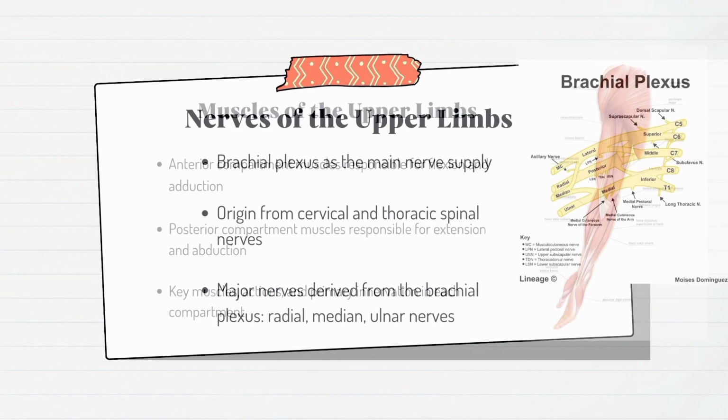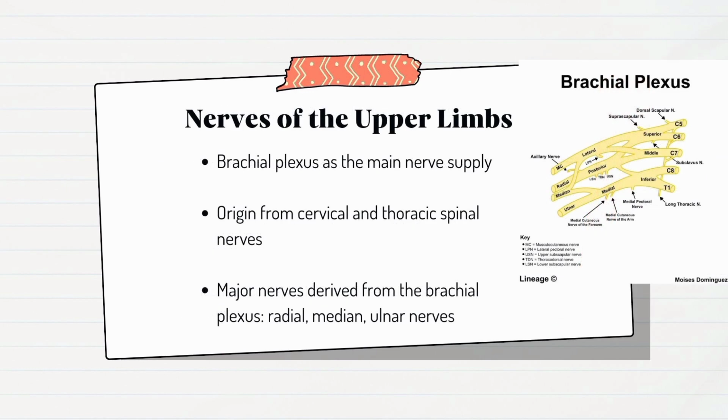In this slide we will look at an overview of the nerves of the upper limbs. The brachial plexus, shown here, is a network of nerves originating from the cervical and thoracic spinal nerves.